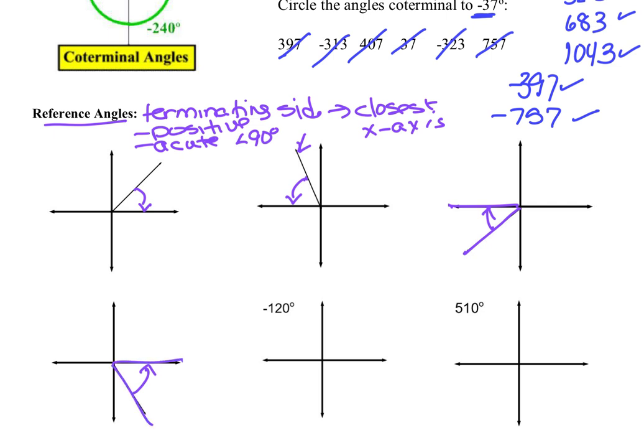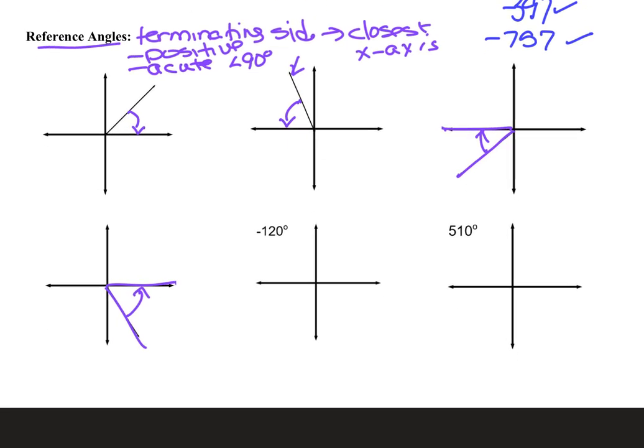Okay, and when we measure them, we don't care how they're drawn. They're always positive and always acute. So they have to be acute, obviously, but they're always positive when we actually draw them. So if I were to draw negative 120 degrees in standard position, I would go down to negative 90, and I would go like 30 more.